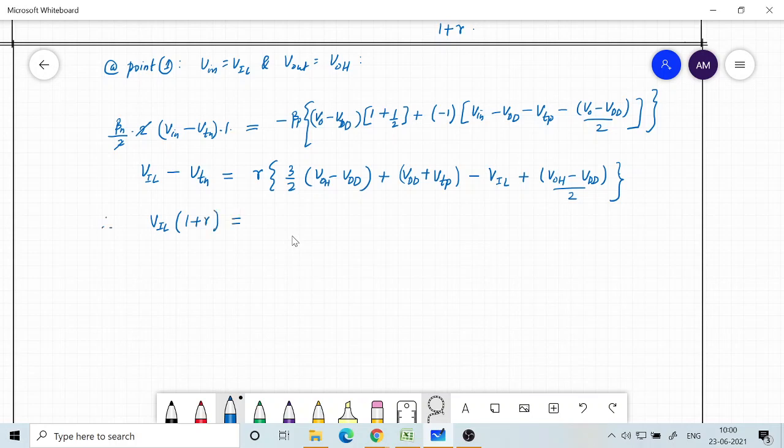Okay, and if you look at it, I can combine the first and the last term. This is basically 3 by 2 VOH minus VDD, this is half, so 3 by 2 plus half.